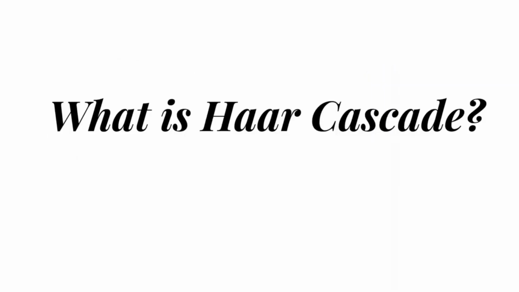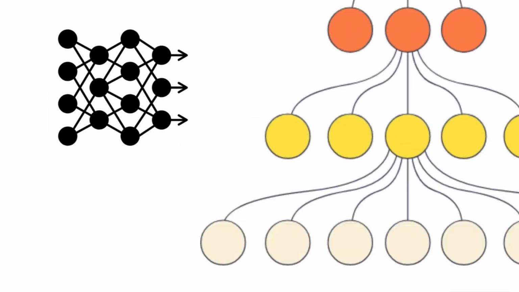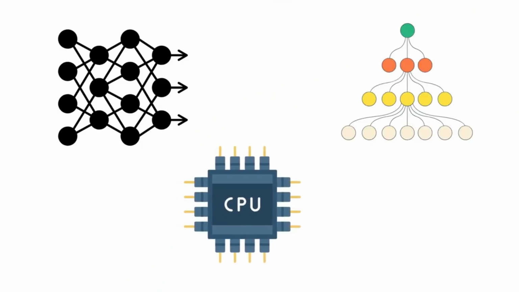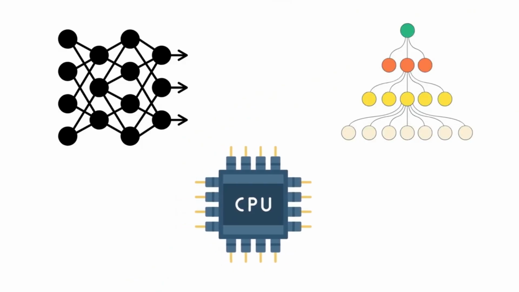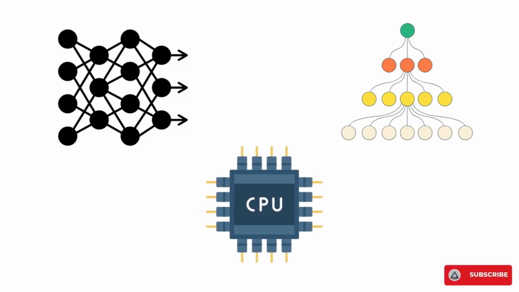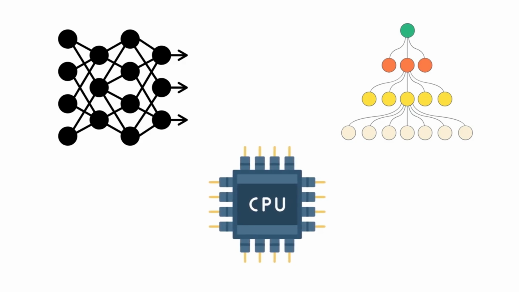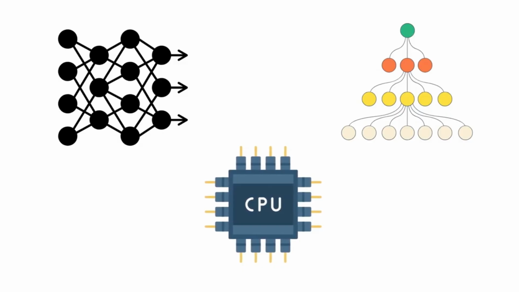Now, what is Haar cascade? This is where most tutorials simply tell you to load a classifier. We'll explain it. Before deep learning became popular, one of the fastest and most widely used face detection algorithms was the Haar cascade classifier. Even today, it is still included with OpenCV because it is lightweight, fast, and works well on CPUs.